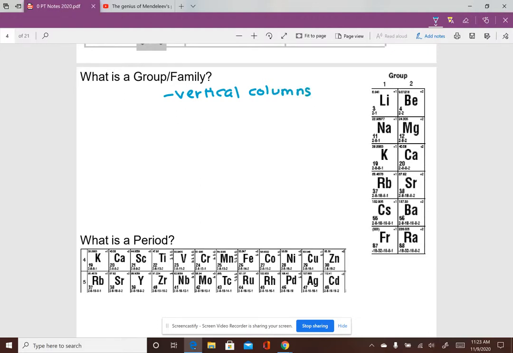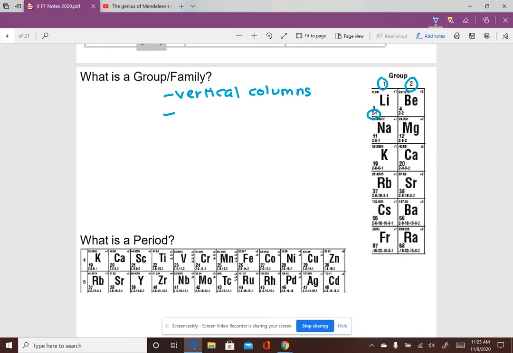On the Regents reference tables, they're actually numbered up here, and there are 18 of them, so you can see that. So what's important about elements that are in the same group? If you look at your Regents reference table, the electron configuration is telling you how many electrons are in each electron shell.